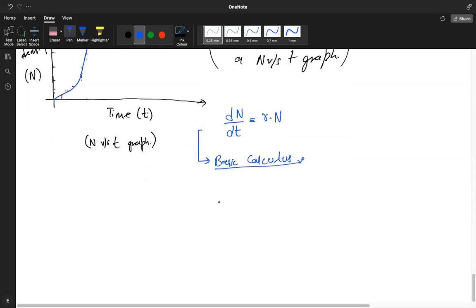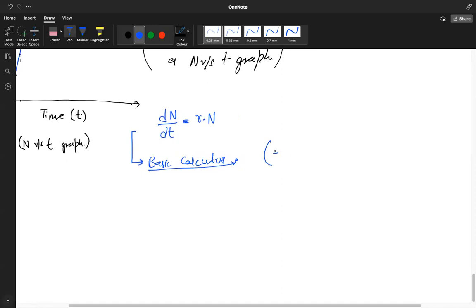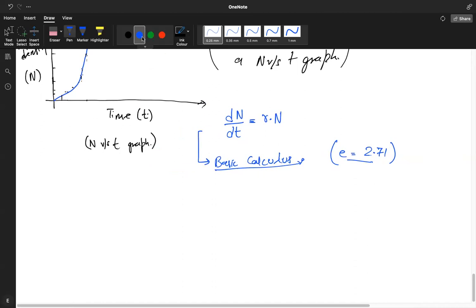Do you know what the natural log is, everyone? Yes, sir. What is natural log, Atif? It's denoted as e and its value is 2.71. Okay. So what we do to remove this is called a differential equation.